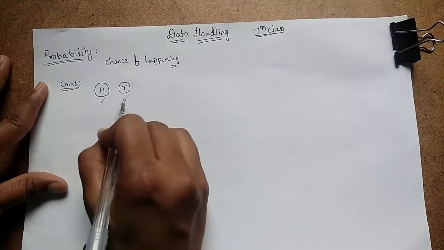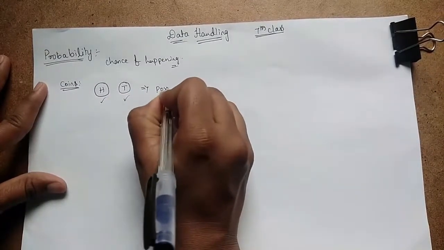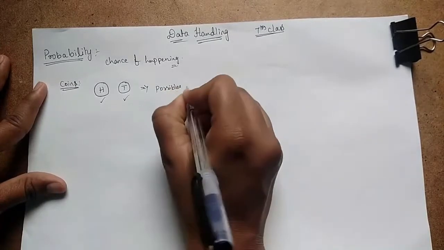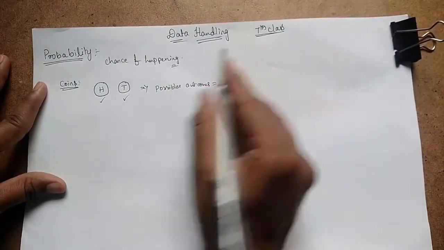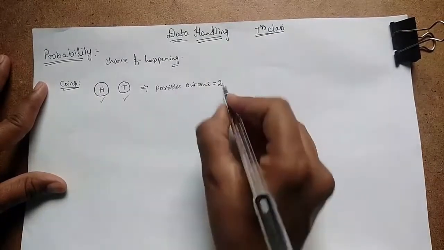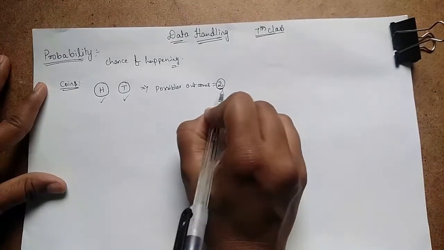Both is not happening. So the chance of happening, the possible outcomes were 2, because there is a head or tail. What is happening, we don't know. So the possible outcomes were 2.